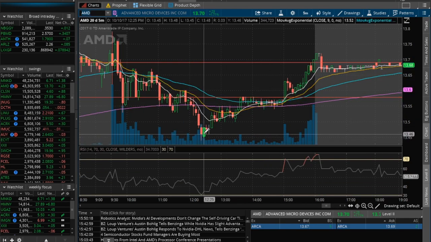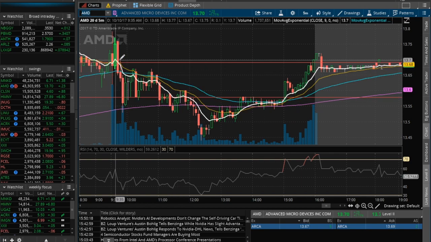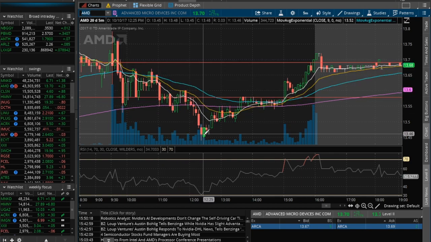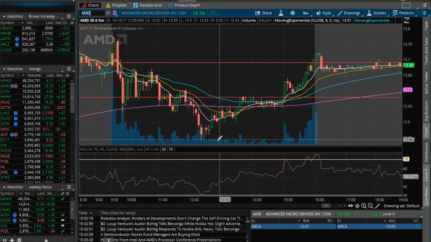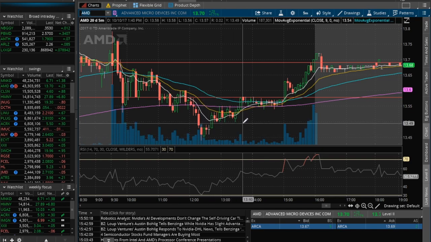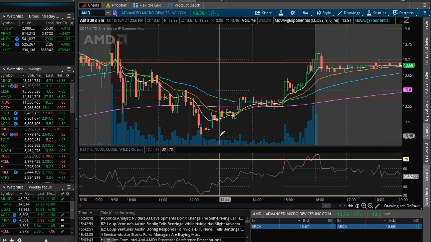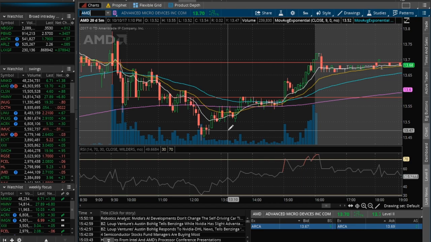Okay, this right here isn't exactly like the picture, but this is technically a hammer. It was a downtrend, it came down, and it was the body with the shadow. The shadow wasn't that big, like in the picture, but the fact that it wasn't that big is an even greater sign that this is a bullish reversal. The longer the shadow is, the more sellers there are when it closes, and the less of a chance it'll be a good bullish reversal.